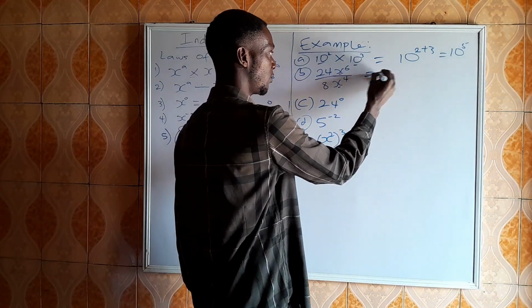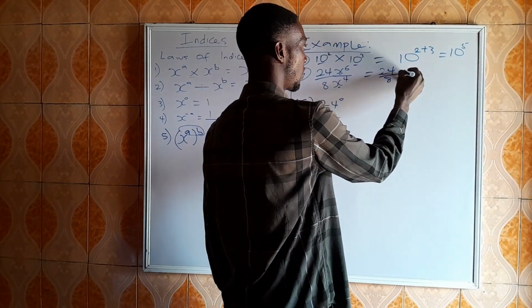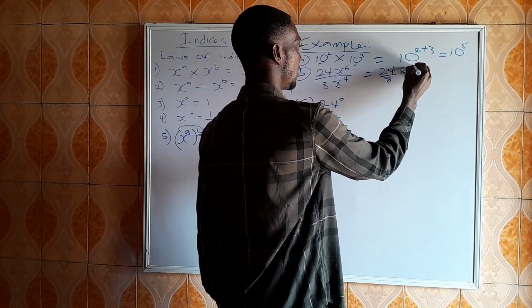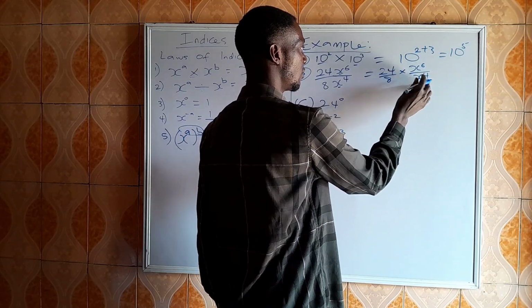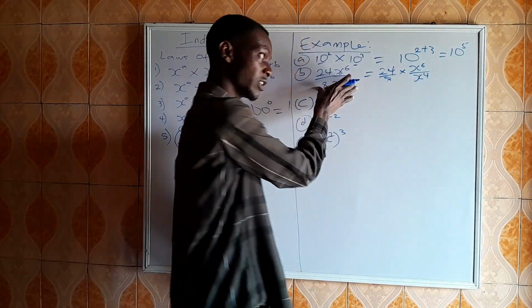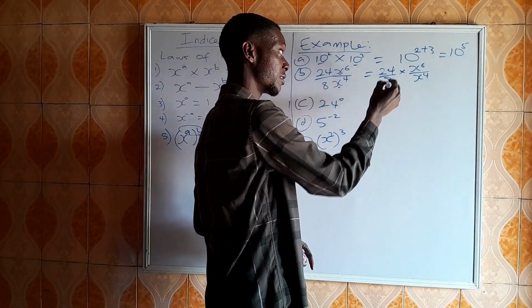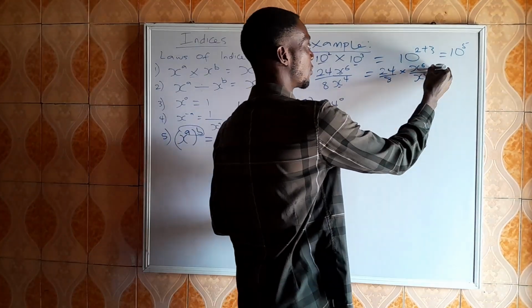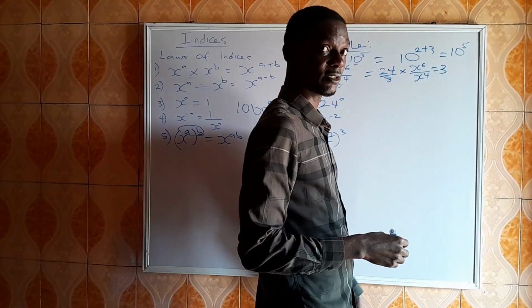Like, you have 24 divided by 8 and multiplied by x to the power 6 divided by x to the power 4. Now, if you bring these two together, you see how this. I'm just trying to break things down for you guys. So we have 24 divided by 8, and that is 3.